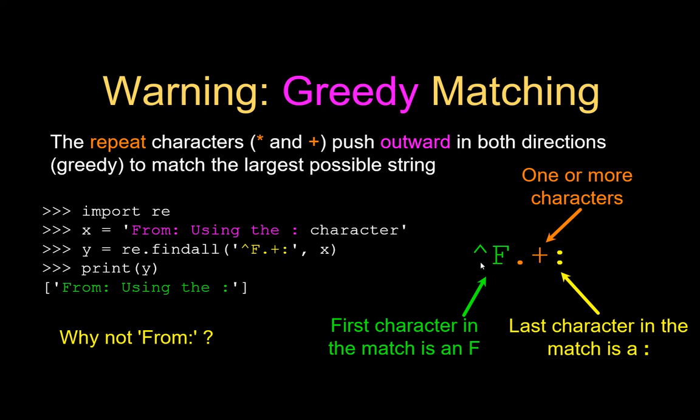For example, in this case, we are looking for a line that starts with capital F and one or more characters after that, ending with a colon. The first match is going to be from capital F to the colon at the end. But if we continue, we see that the space is also a match with the dot.